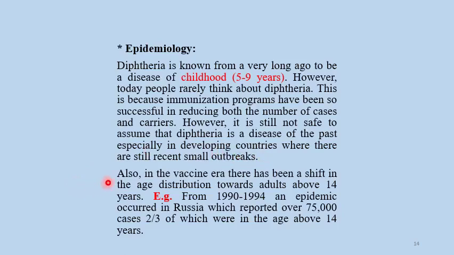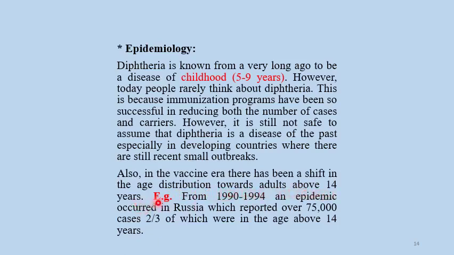In the vaccine era, there has been a shift in the age distribution. Rather than being a childhood disease, now we found the new outbreaks, we recognize that the age distribution shifted towards the adults above 14 years.